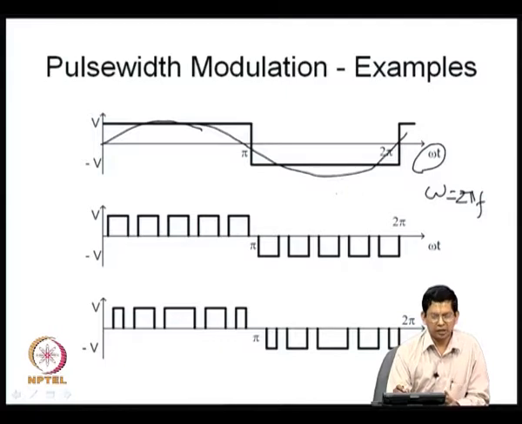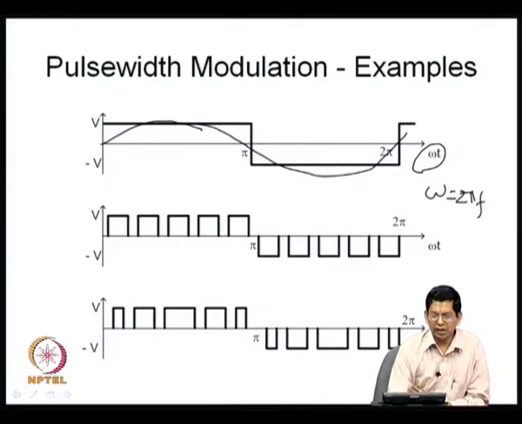One simple option is, you can just apply pulses like this. There are several options available, I am just indicating one of them. I have just indicated 5 pulses, it is just indicative, it could be as many as you wish. There is some limit on this, because it also depends on how fast your devices can switch, what is called a switching frequency.